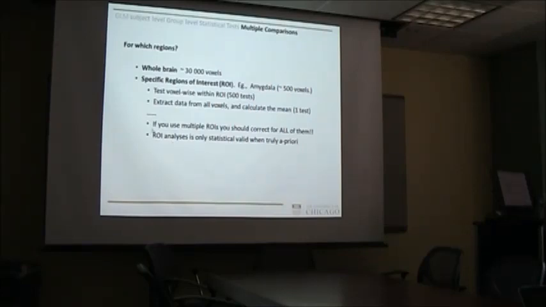Another thing to consider is that this type of analysis is only valid when you have truly selected these regions a priori. If you first have a look at your data, maybe you do a whole brain analysis, you see something popping up in the amygdala, but not quite significant, and then you start running an ROI analysis with just the amygdala, it's not really a valid test anymore.